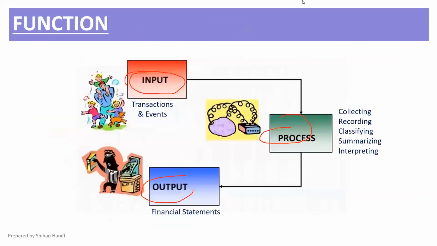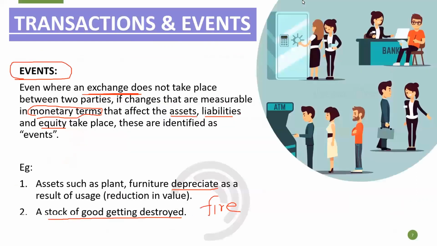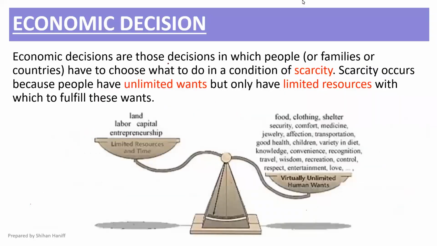So what is meant by economic decision? Each term has a very important meaning. Economic decision means, if you take the owner, he has limited resources. He has limited land, labor, capital, entrepreneurship skills, all limited.